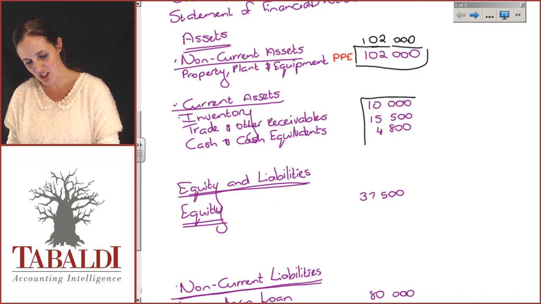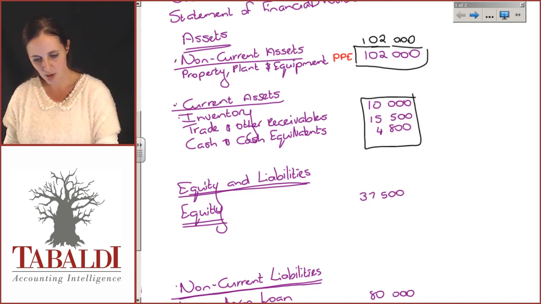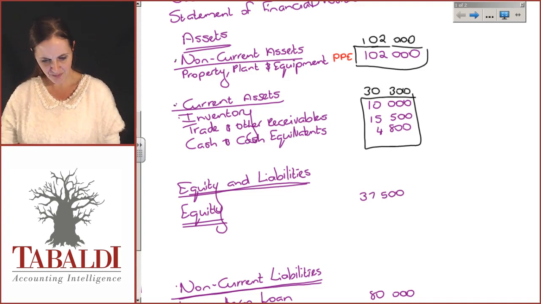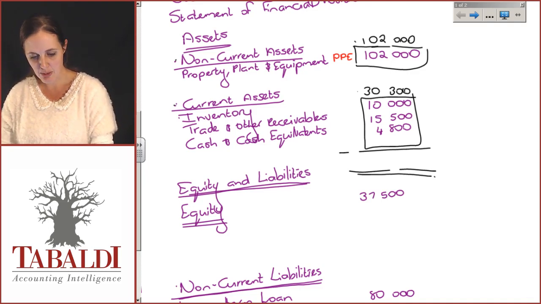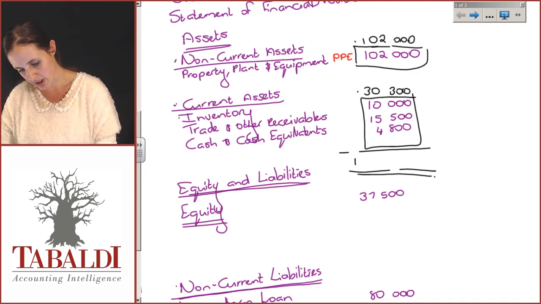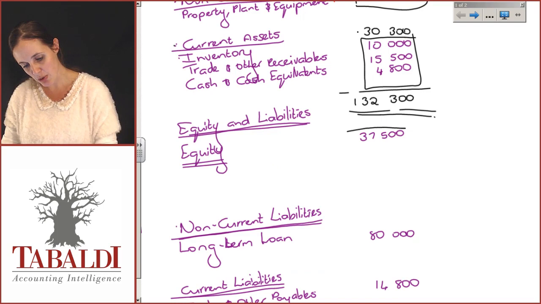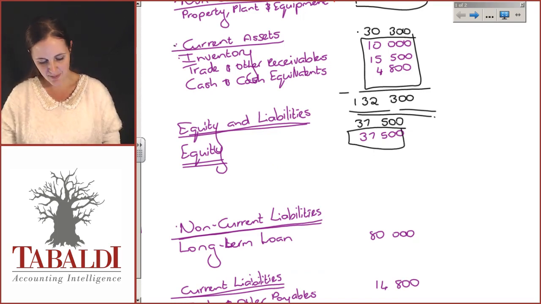Your current assets need to be added up. So your inventory plus your trade and other receivables plus your cash and cash equivalents is going to give you 30,300. And that means that my total assets, my non-current plus my current, is going to give me 132,300. My equity and liabilities, again, just because there's one item doesn't mean it doesn't get a subtotal, 37,500.